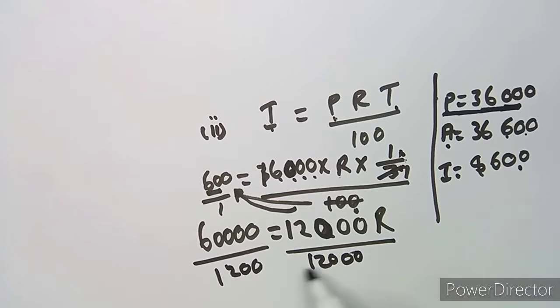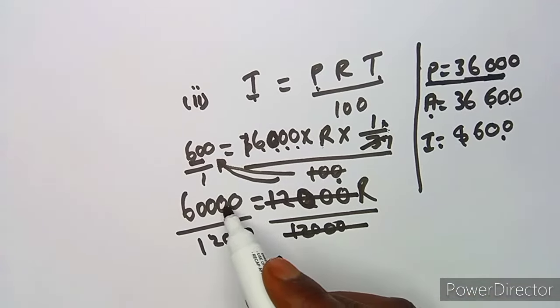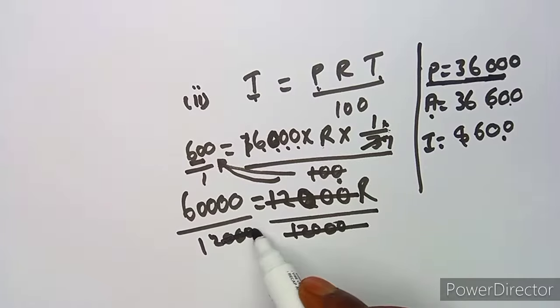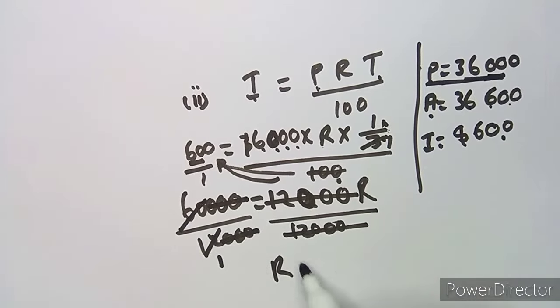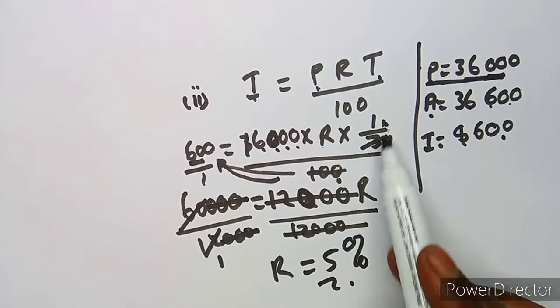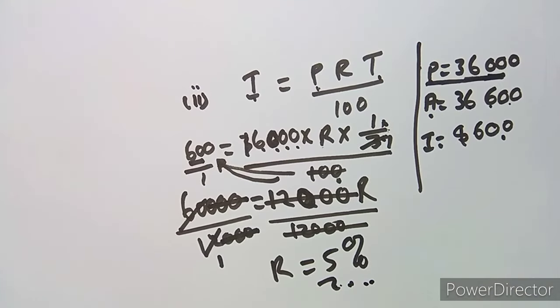By doing this, we are obtaining the value of R. I've got 3 zeros here, so you can cancel 3 here, 3 here, so 12 here. 12 into 60, you know, this is 5. Remember, the 100 was there to remove the percentage, so our answer is going to carry a percentage on it, so it is going to be 5%.